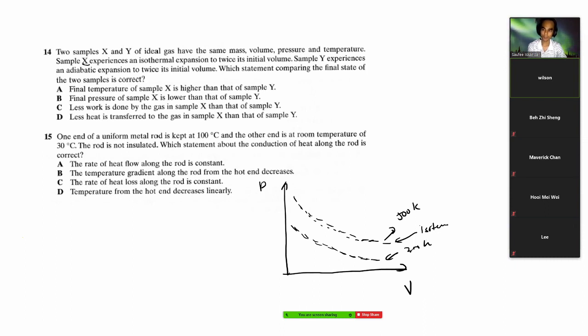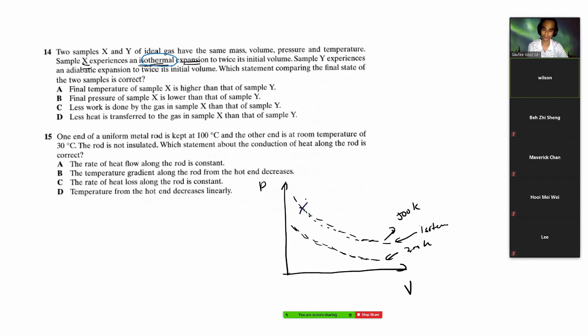It says that sample X explains isothermal expansion. In an isothermal process, the gas does not go to another curve.